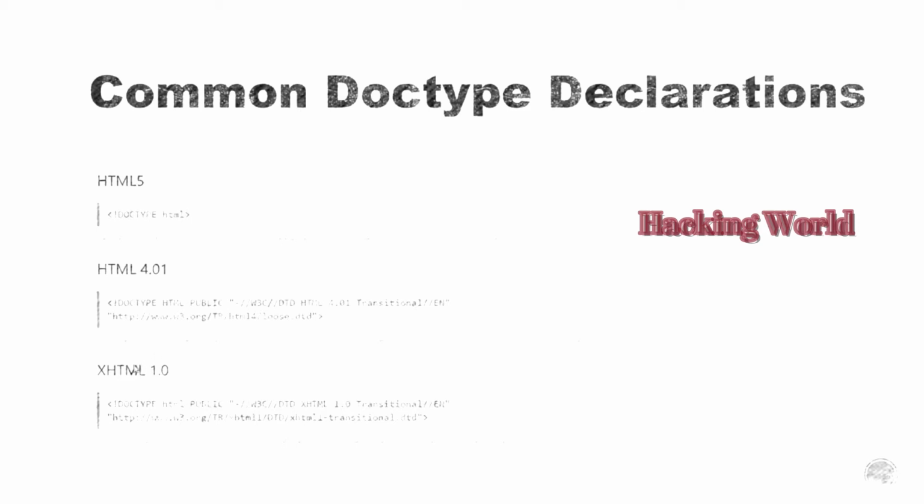And then we also have XHTML, which stands for Extensible Hypertext Markup Language, and this is part of the XML markup family. All right, so XHTML is much more strict than HTML5. And you can also specify transitional or strict.